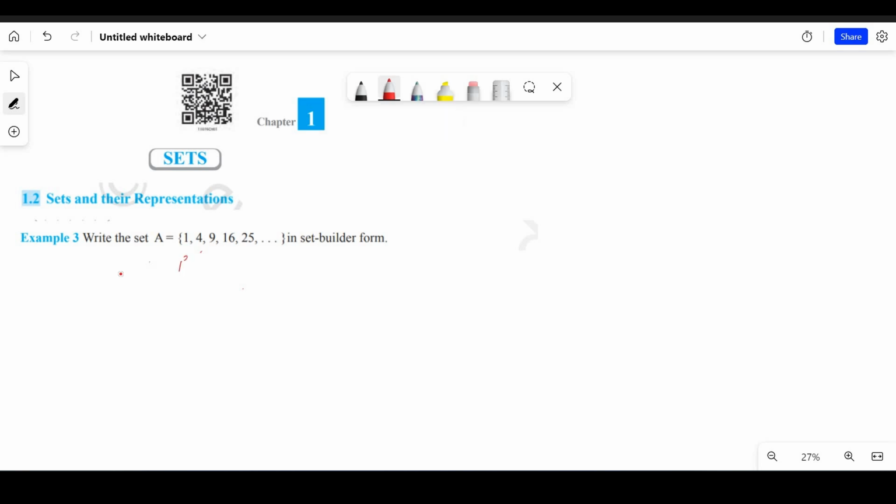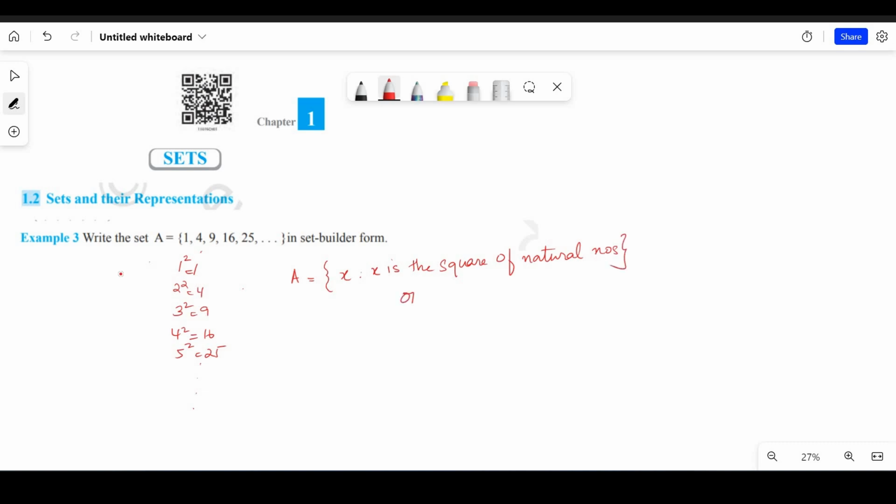See, 1 square gives you 1, 2 square gives 4, 3 square gives 9, 4 square is 16, 5 square is 25, etc. So we can write the set A in set builder form as the set of all x such that x is the square of natural numbers.